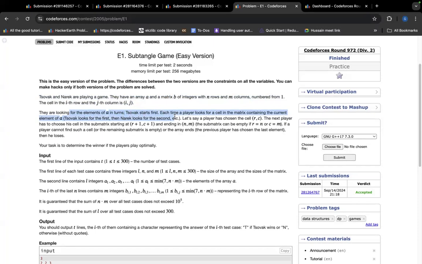Each time a player looks for a cell in the matrix containing the current element of A, basically the frontmost element, and once they find it, they remove it. Let's say the player chose cell R, C. The next player has to choose his cell in the submatrix starting at R plus 1, C plus 1 and ending at n, m. All right. Now, if a player cannot find such a cell or the array ends, then that person loses.